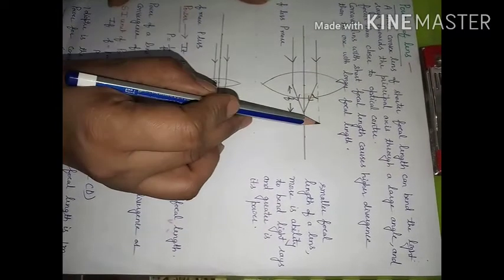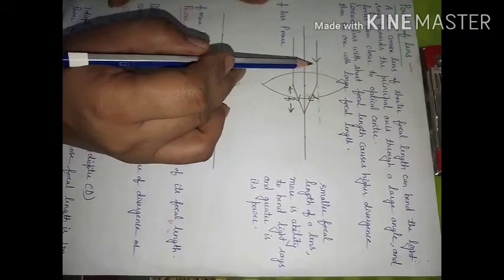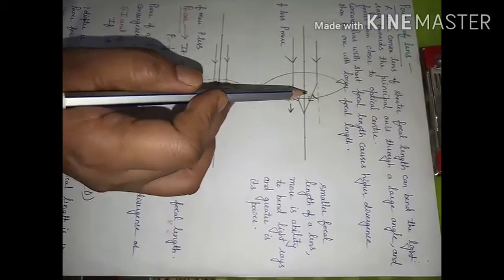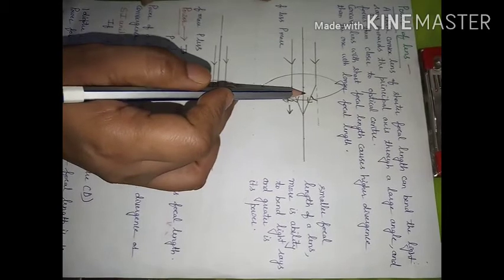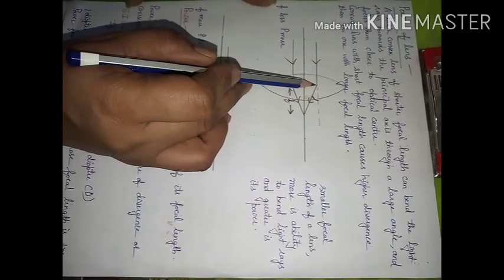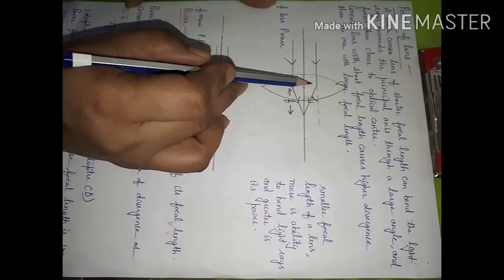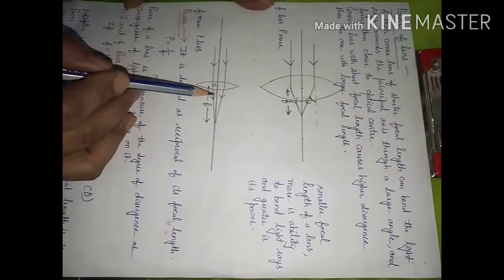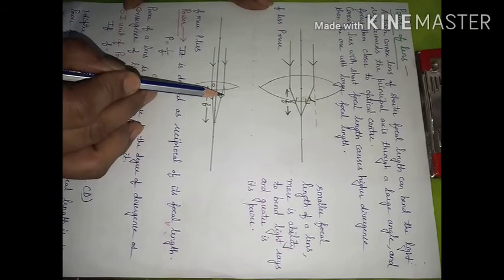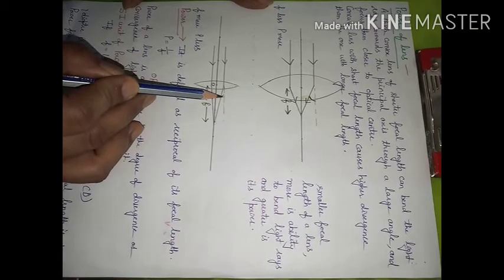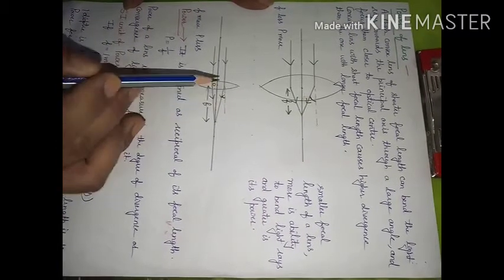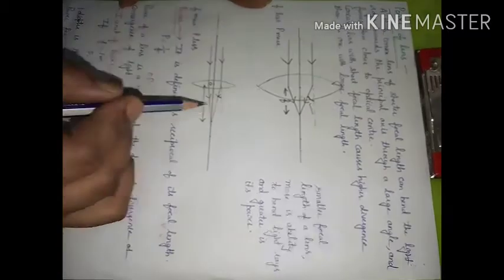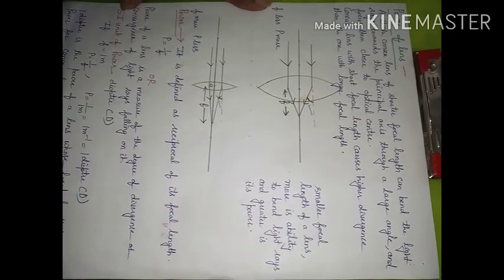This is the angle. It should go like this, but when it is passing through convex lens, it is undergoing refraction, and when it is undergoing refraction, it changes its path. So here bending is taking place by this angle, and in this case bending is taking place by this angle. So this angle is bigger and this angle is smaller.